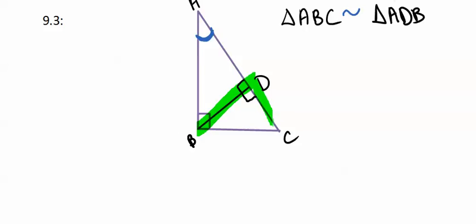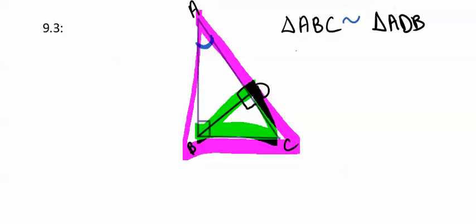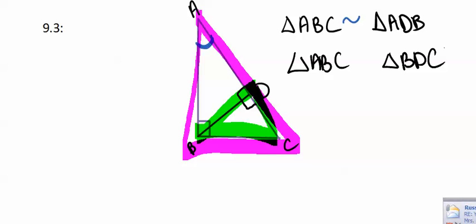Now let's look at this other smaller triangle, again from the perspective of the larger one. So triangle ABC and triangle BDC. Now again, you'll notice that they both have 90-degree angles, which gives us one angle congruence. Again, you should notice that they share angle C right in here, which will give you angle similarity.